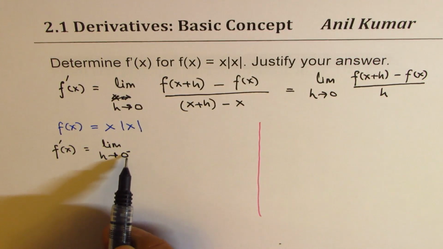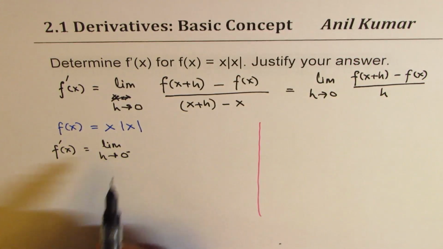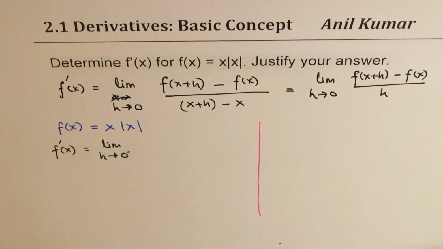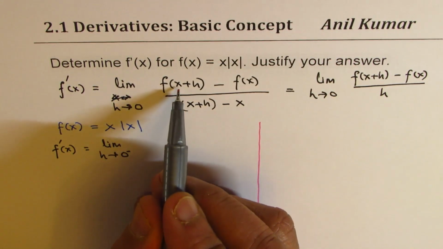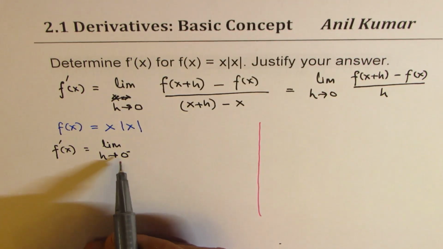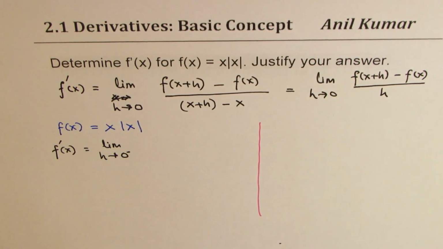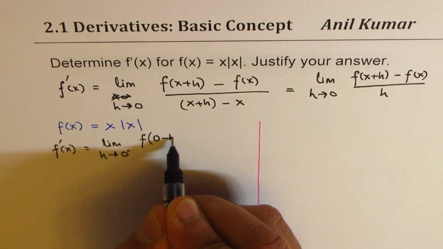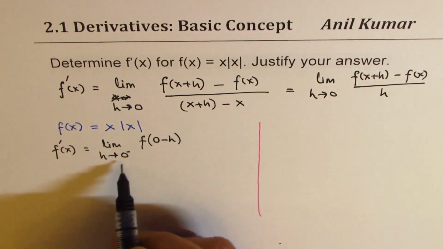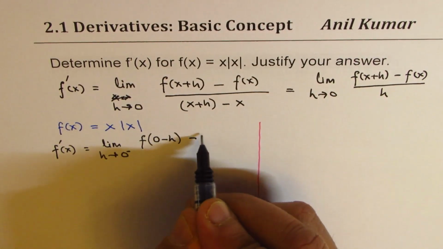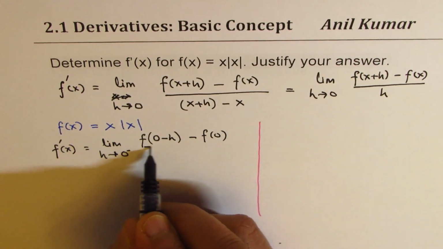So when I approach from the left side, I have a value which is 0 minus h, correct? So normally we write x plus h, but when we approach from the left side and the value is 0, I should write this as f of 0 minus h. So that means approaching from the left side. You get the idea. So x is 0 minus h for us, minus f of 0 over h.